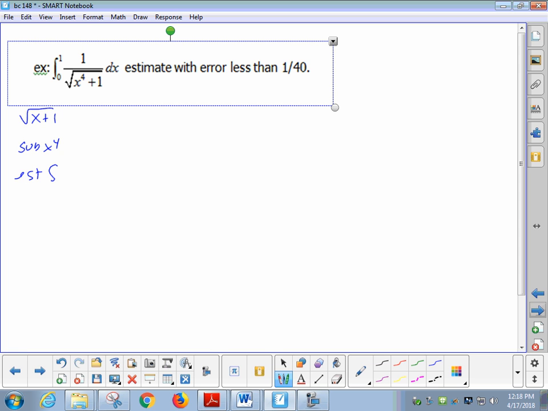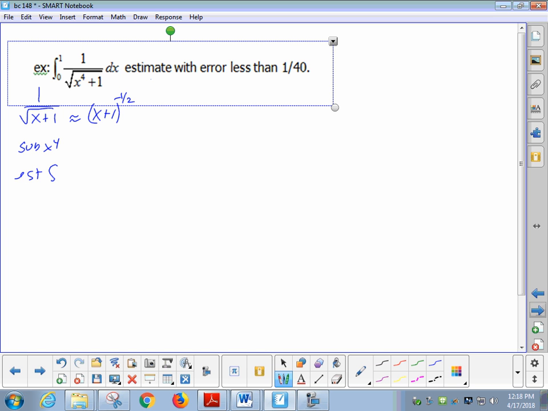Okay, so if we use the series for x plus 1, what would be a logical center? Should we do 1 over x? 1 over x plus 1, thank you, sorry. 1 over x plus 1, or x plus 1 to the negative 1/2. What is a logical center? 0. Yeah, we'll use a center of 0.